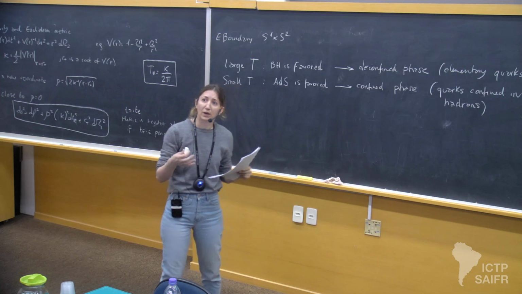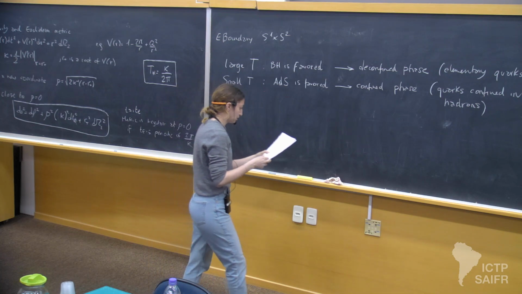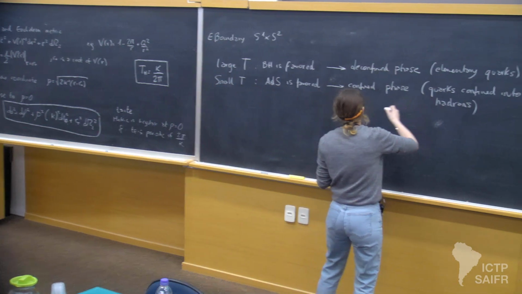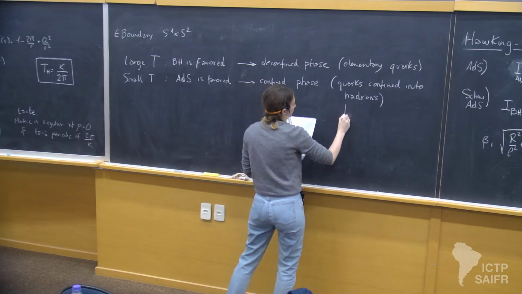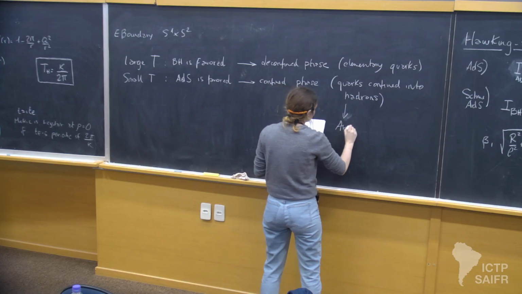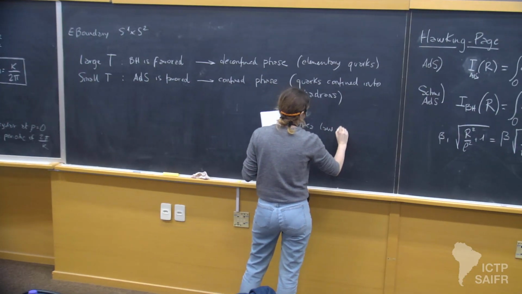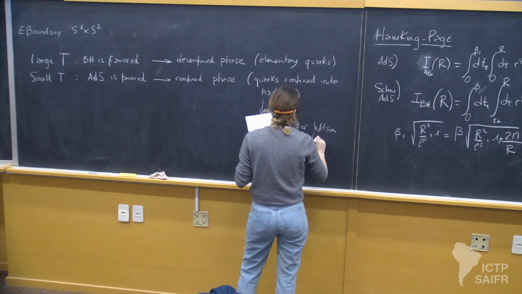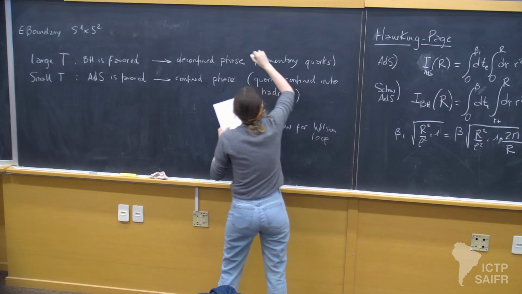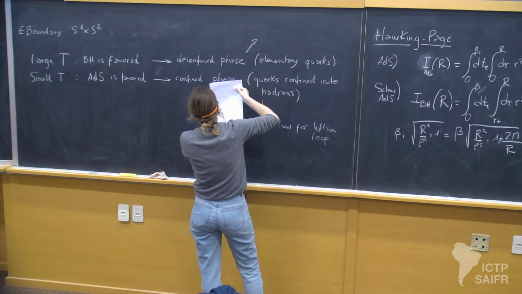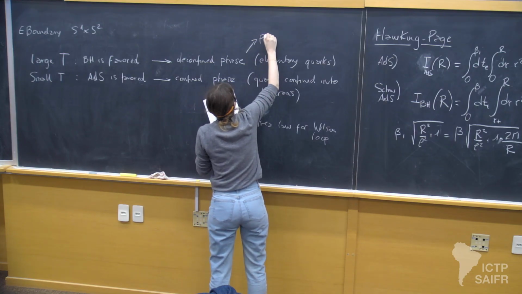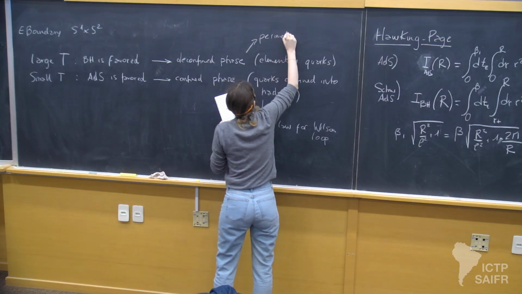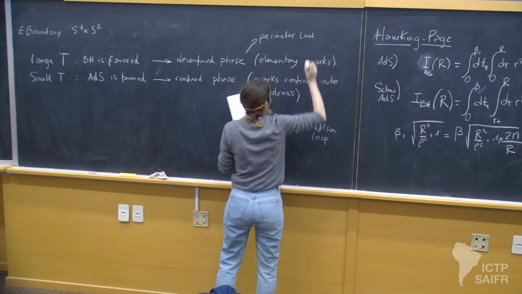The Wilson loop has a different kind of behavior. In this case you have an area law for the Wilson loop, and for this one, you have the perimeter law for the Wilson loop.